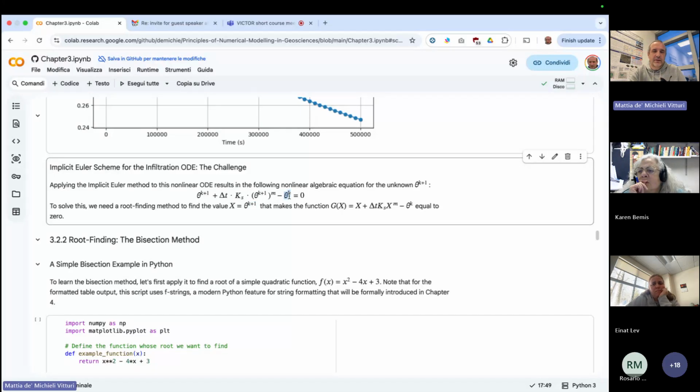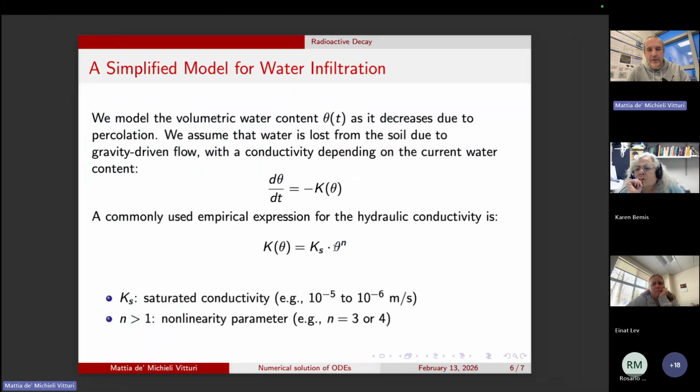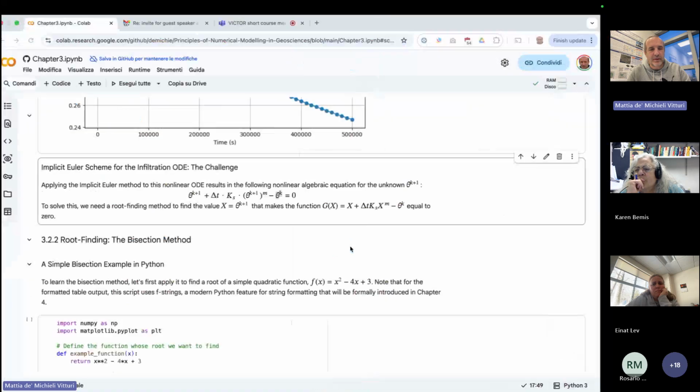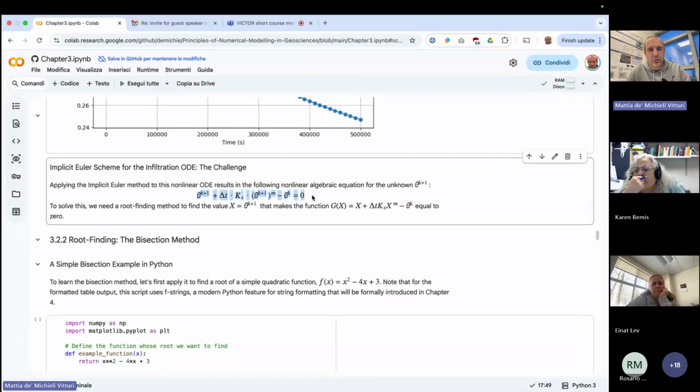So the difficulty in the implementation of implicit scheme is that if the ordinary differential equation has some non-linearity, like here we have a non-linear term, then to update the solution we need to solve a non-linear equation.